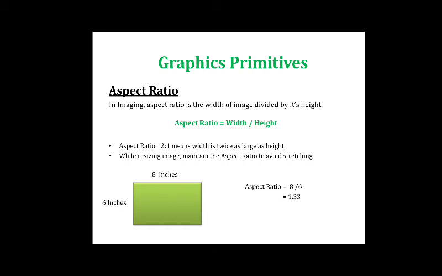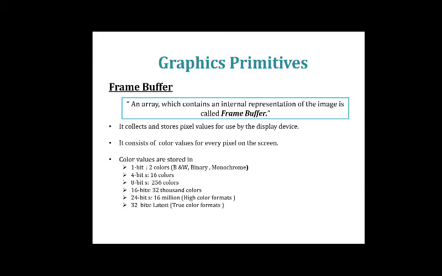How is that calculated? Width is 8 inches and height is 6 inches, so you divide 8 by 6. So, the aspect ratio is 1.33. You have to maintain this ratio while resizing, or when performing some operations on that image. This is so important for graphics.